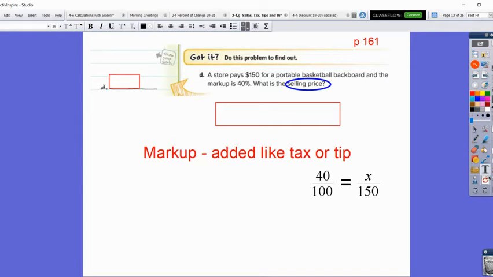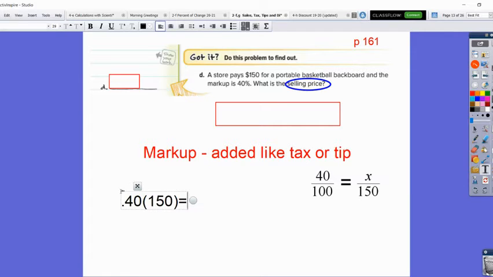Or you can just find the markup by doing 0.40 times 150, which many of you can do in your head. This is one of those where you could use the 10% rule and do this one mentally.